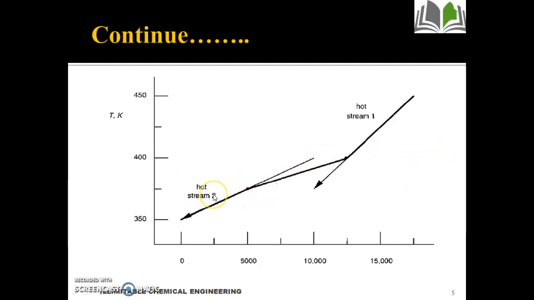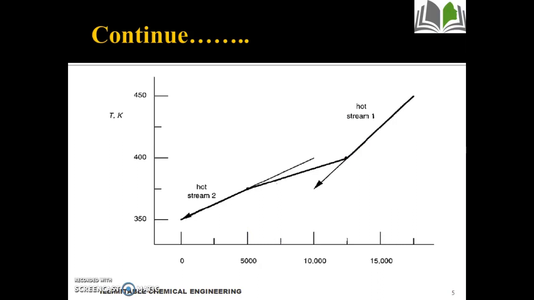That is shown here. Now this is the combined zone of 400 to 375, the combined zone of these two merging streams. So we can separately put these streams H1 and H2 and the combined merging stream also, right?